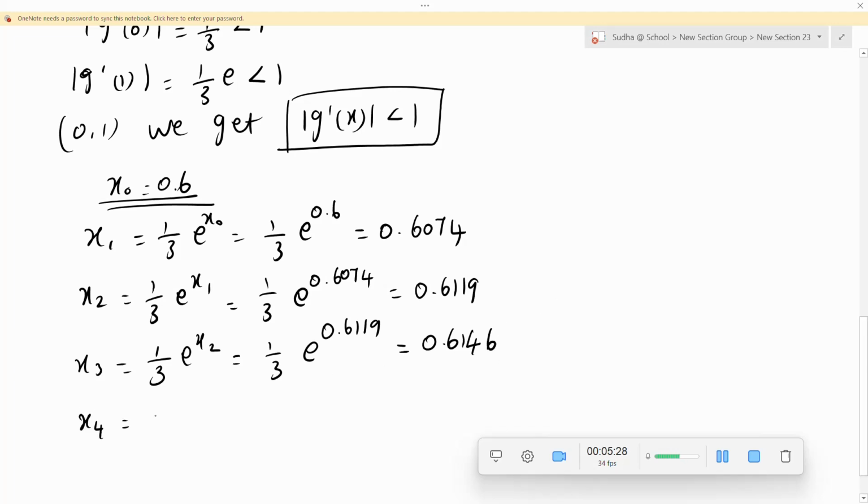Next x4, 1 by 3 e to the power x3. So 1 by 3 e to the power x3 value 0.6146. Simplifying, we get 0.6163.